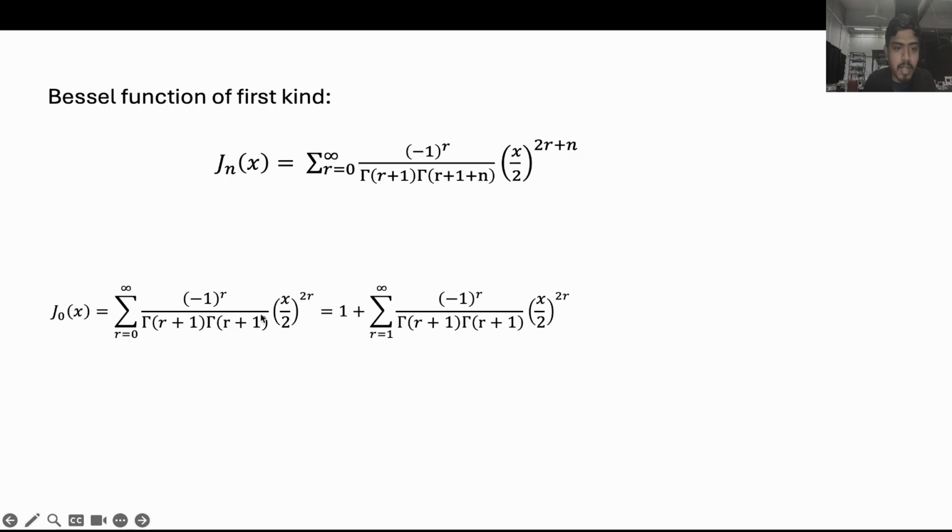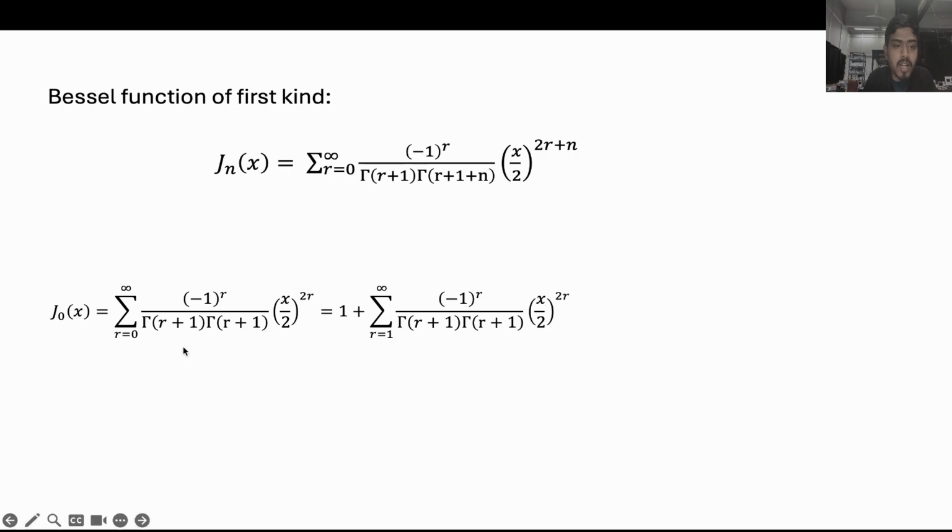Now if you look at the first term of the summation, when you put r equals 0, then (-1)^r is basically 1. The gamma of r plus 1 will be just gamma of 1, which is again 0 factorial, which is 1, and (x/2)^0 is 1.